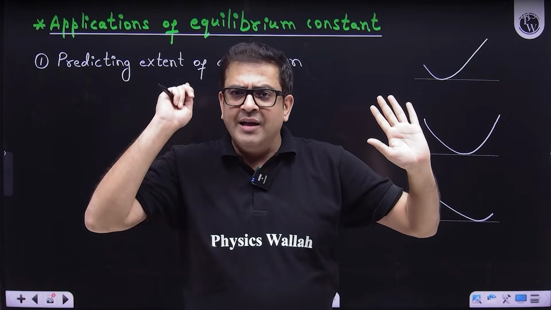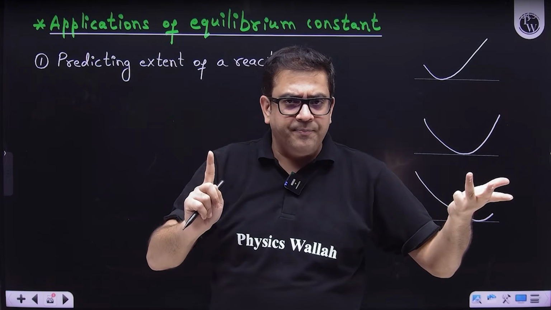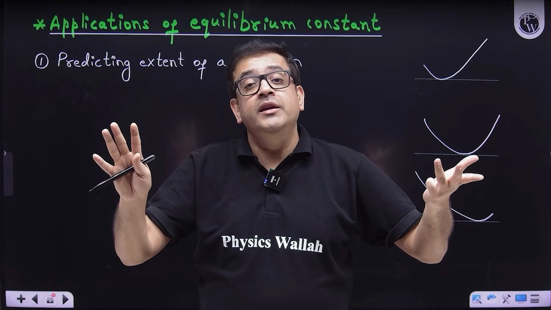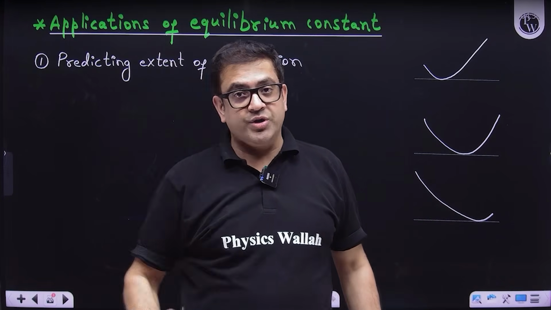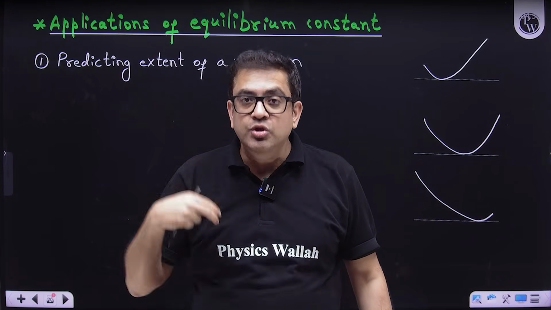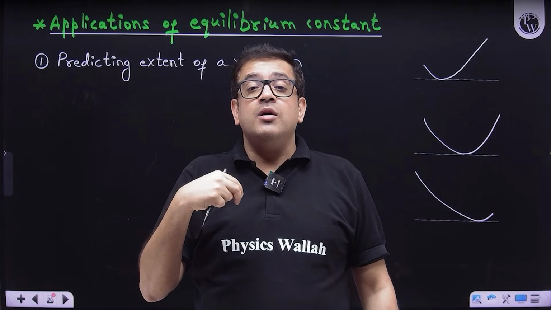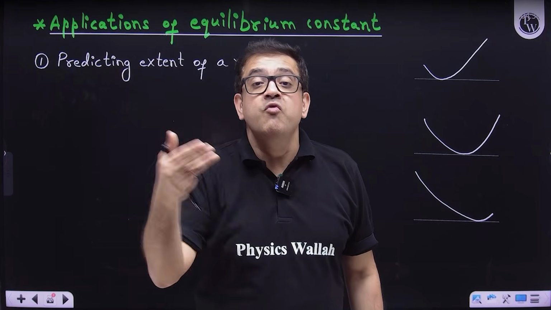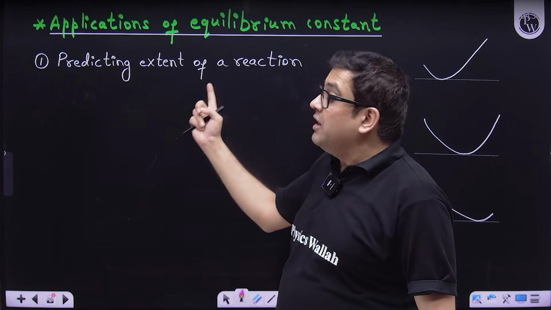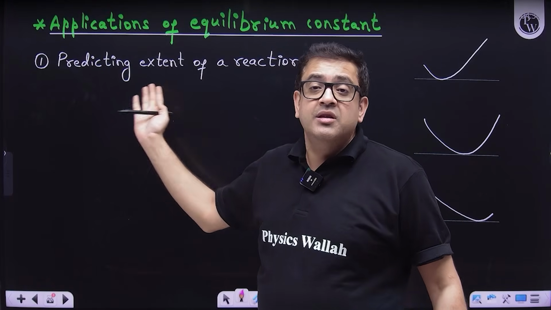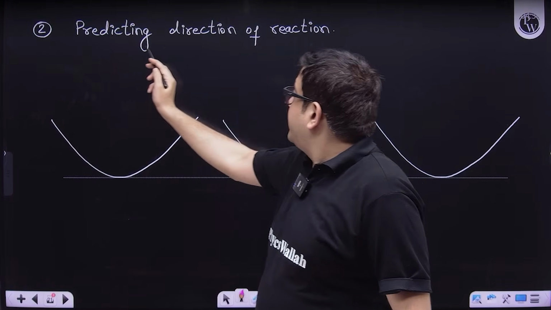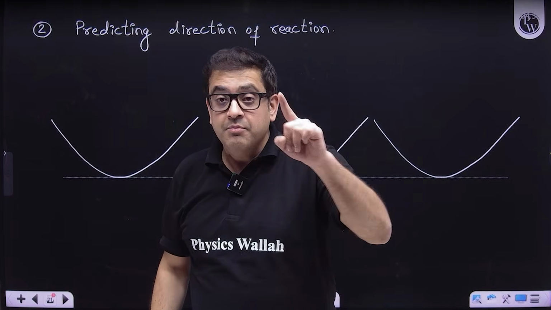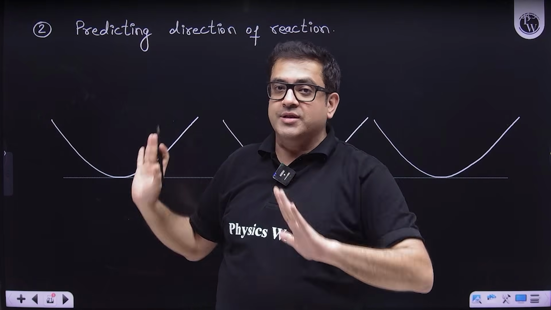At equilibrium, that reaction quotient Q becomes K. But at any time T, those ratios are called reaction quotient. Actually, reaction quotient is used to predict the direction. This is talking about extent, but I'm first talking about predicting the direction of a reaction, so I'm relating it with Q. That's why I'm first discussing this application.